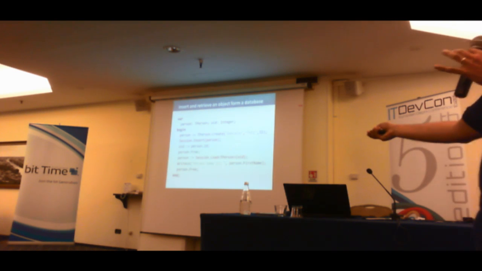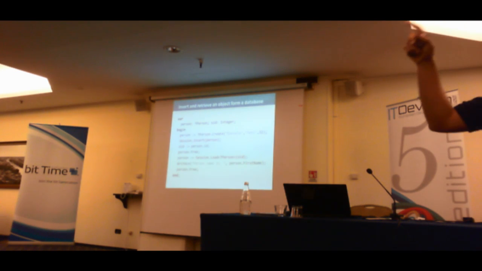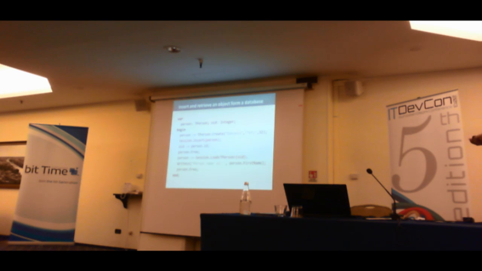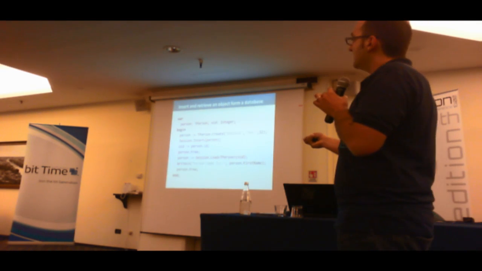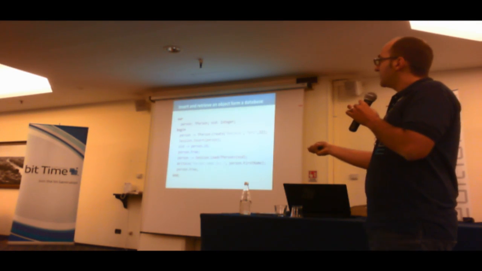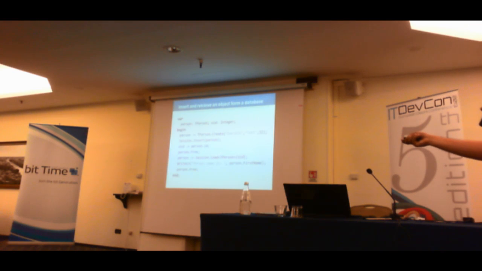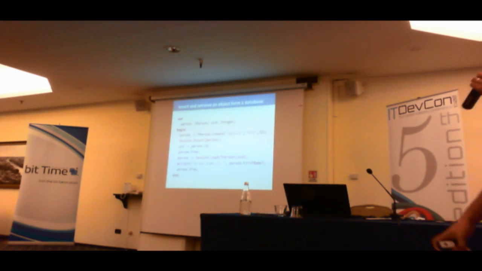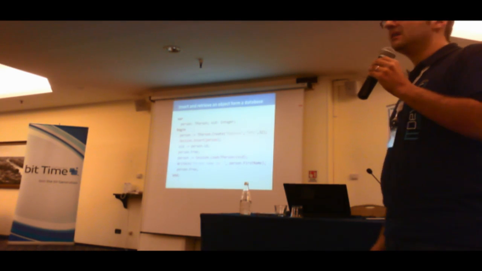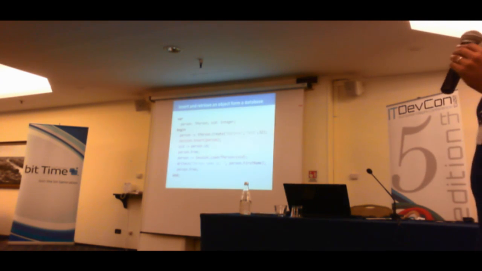Then the ID field that is marked as primary key is returned from the database, and you can find it in your property. You can release the object, and then load by ID using this generic method. When you load the person by that ID, you get back that person.